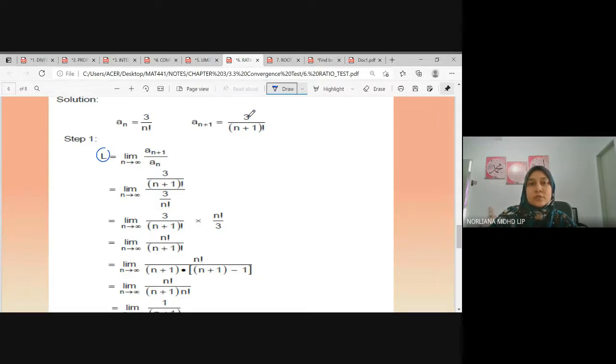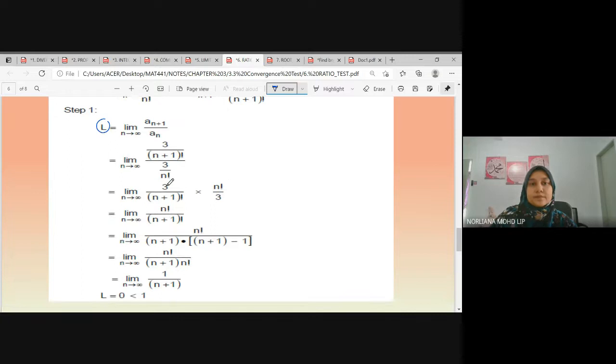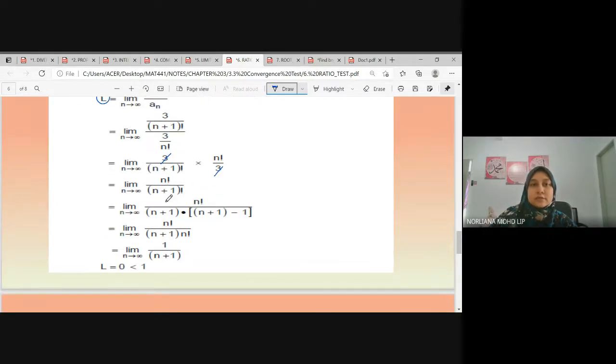An plus 1 equal to 3 over n plus 1 factorial. And then divide 3 over n plus 1 factorial over 3 over n factorial. Ni. So dari divide ni boleh cancel 3 ni. So akan dapat n factorial over n plus 1 factorial.